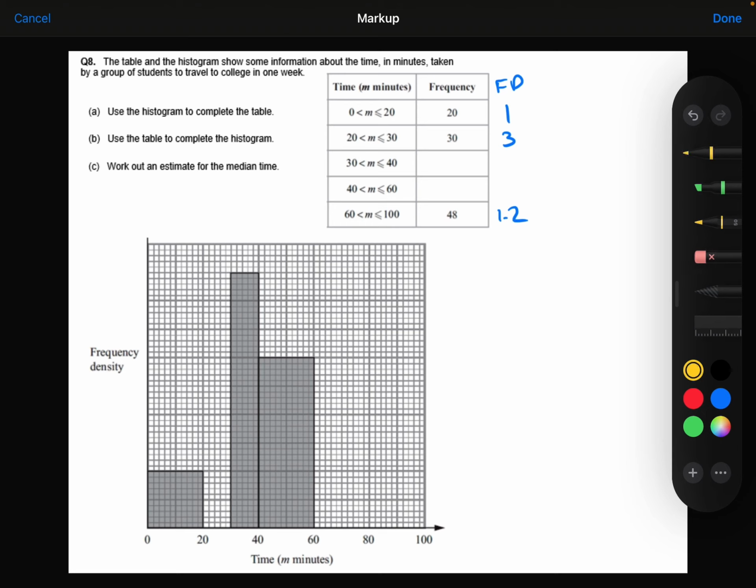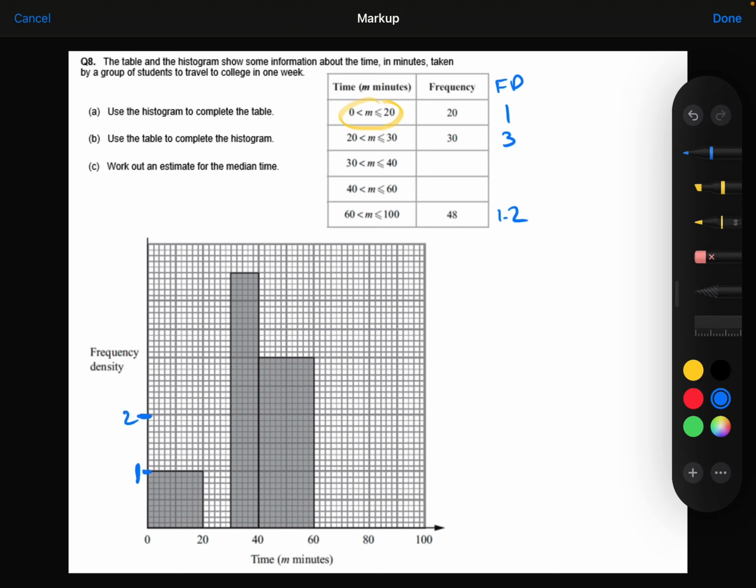Now, the first bar between 0 and 20, that's already given to us here on the histogram. So we know that the frequency density here is 1. That's going to allow us now to mark on the rest of the scale on the frequency density axis.